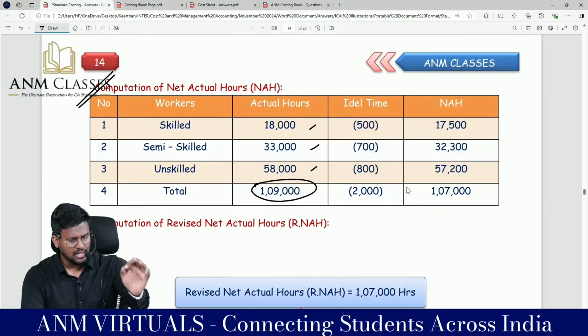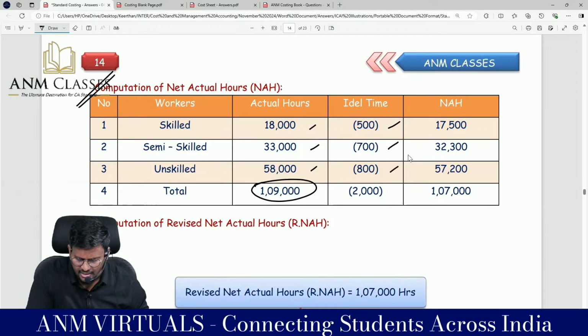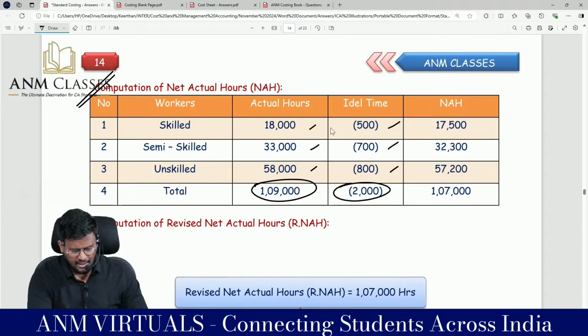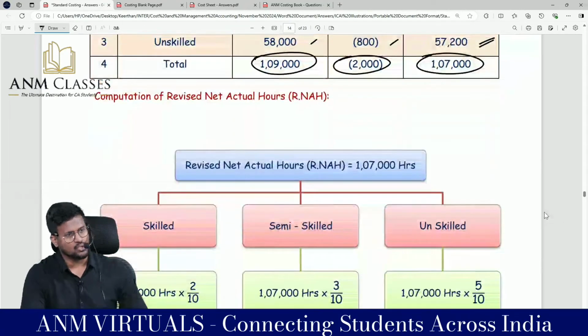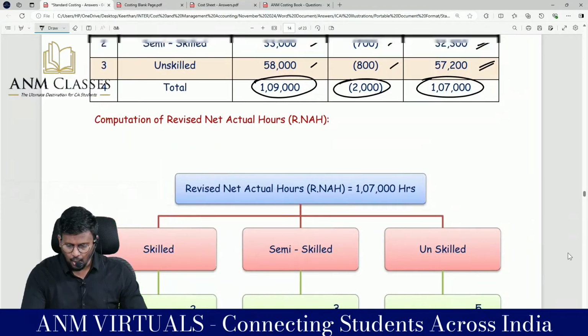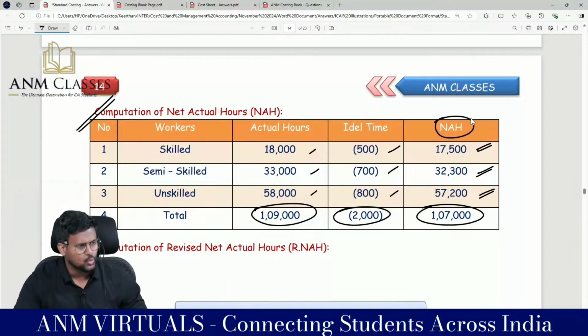And they themselves have given that 500, 700 and 800 is the ideal time, total comes to 2,000. So 18,500, 33,700, 58,800, total comes to 1,07,000. Comfortable? Now this is the net actual hours.